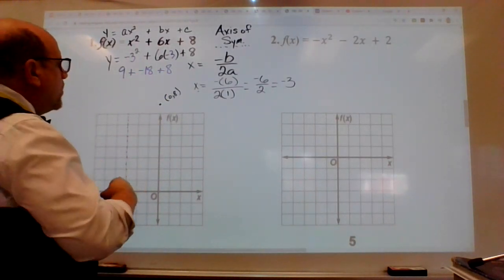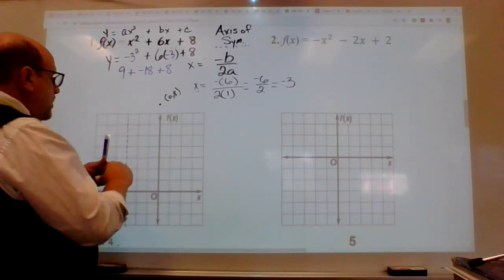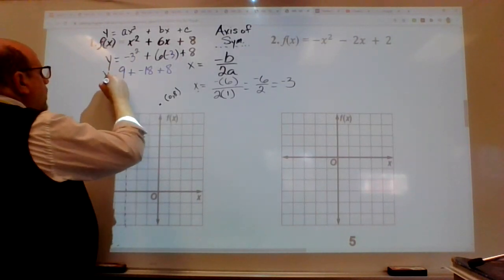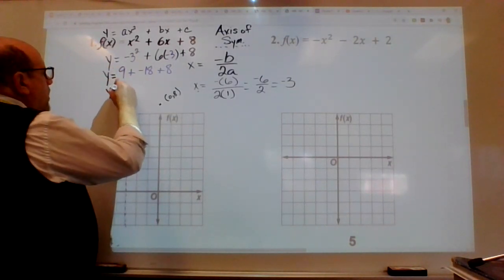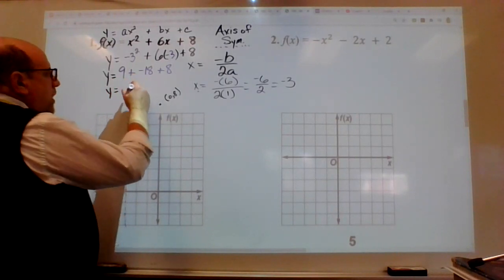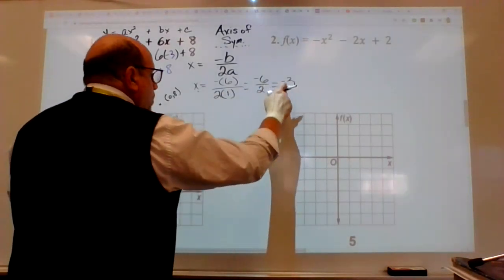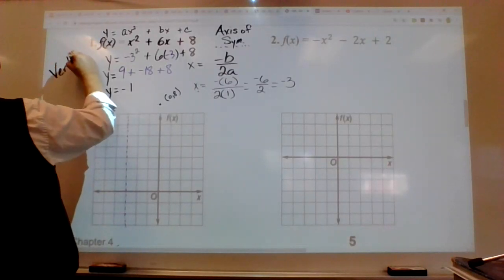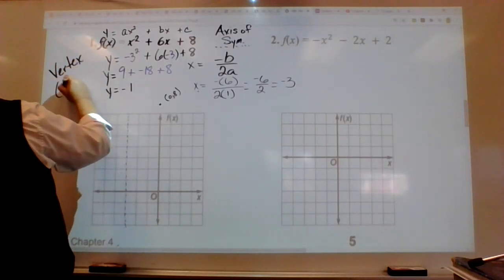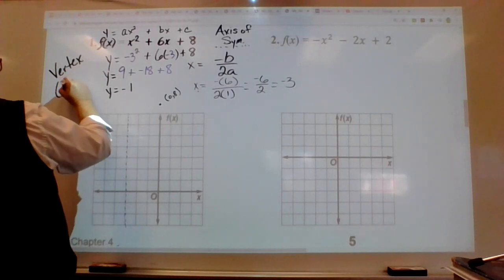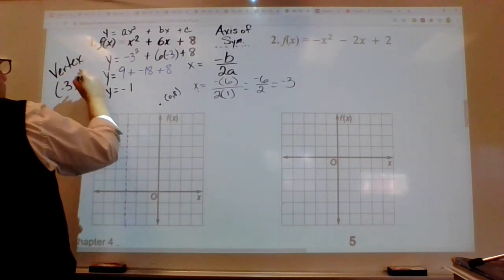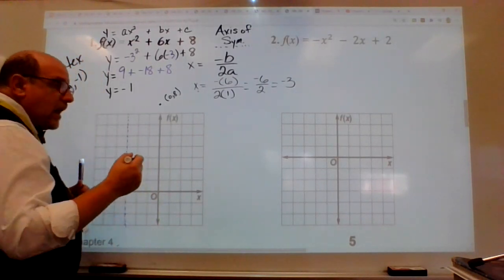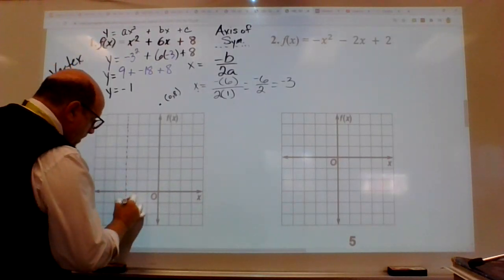So now I know that my y value is negative 1. So in my coordinate pair, that's my vertex. Vertex is (-3, -1). So I found a whole lot of stuff, and I can put my point right down here at negative 1.